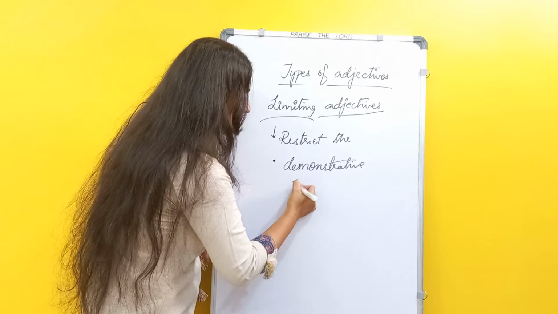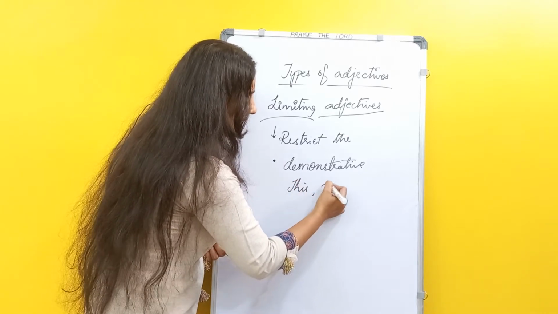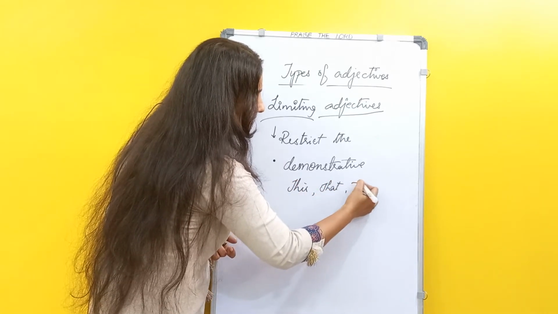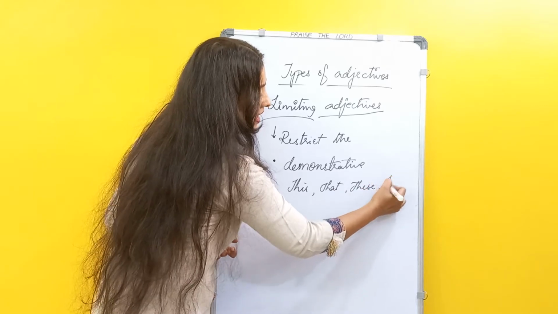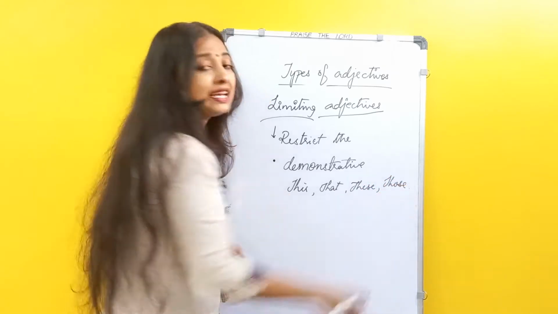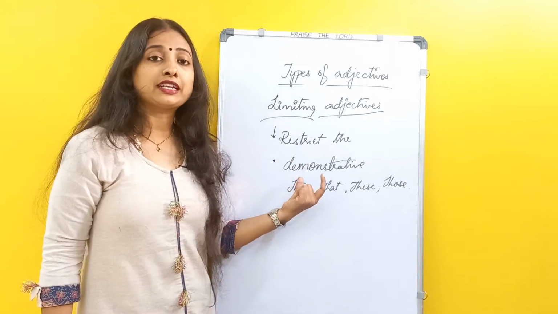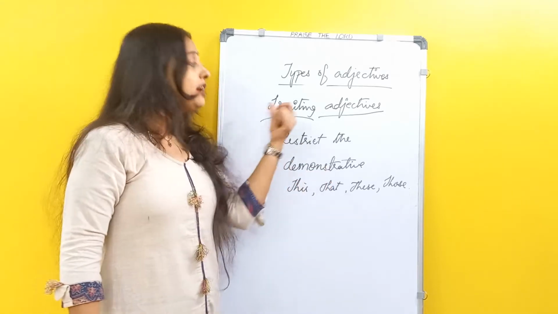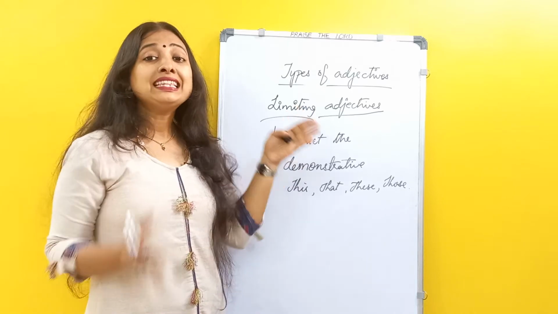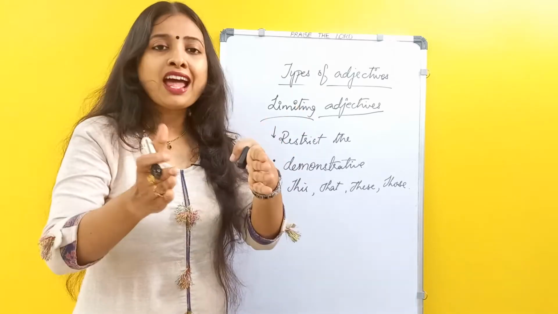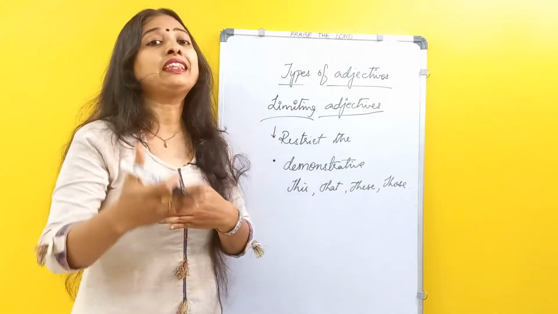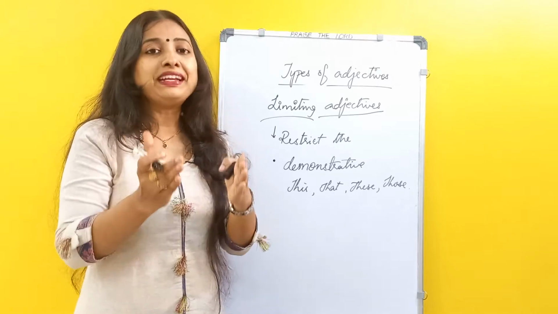Words like this, that, these and those are all demonstrative adjectives. We have already discussed this type of adjective. These are also limiting adjectives, because they are not describing or modifying the noun or pronoun. They are actually limiting it.